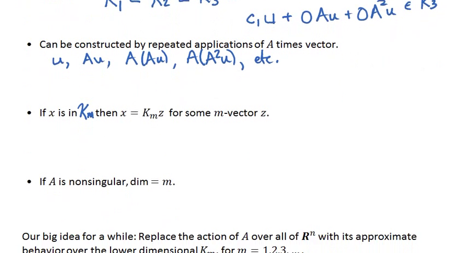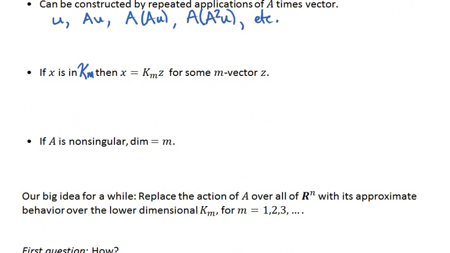Next fact: if X is in the Krylov space Km, then X equals the matrix Km times Z for some vector Z. So again, this is just a question of definitions. If X is in the Krylov space Km, that means that X is equal to Z1 U plus Z2 A U, and so on.